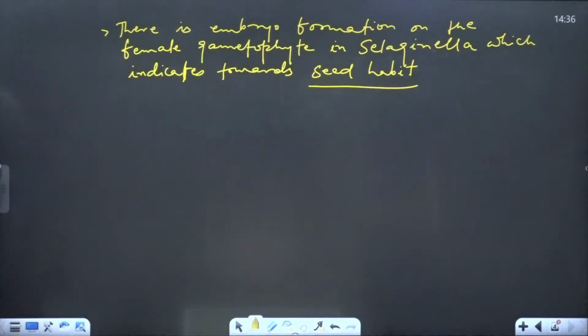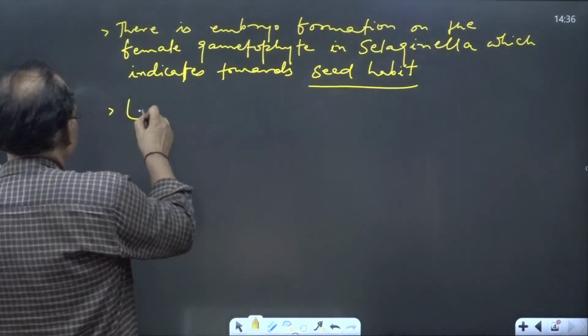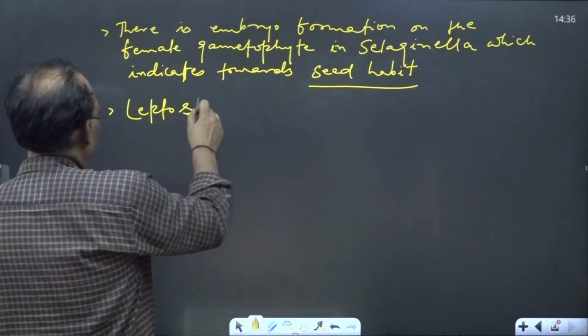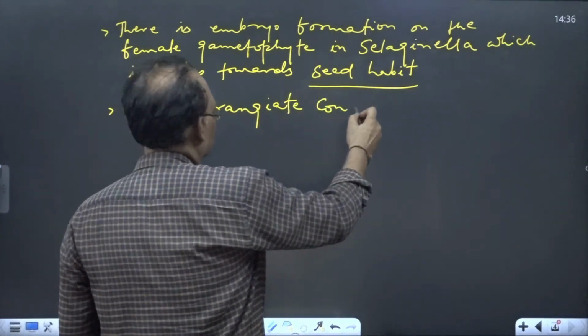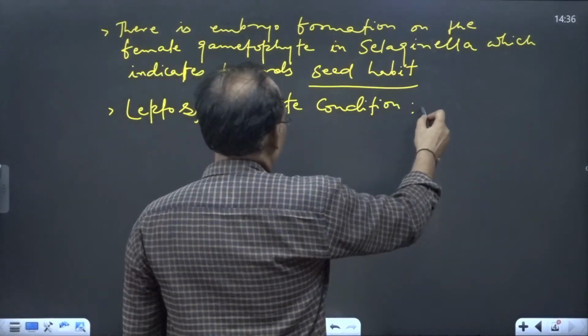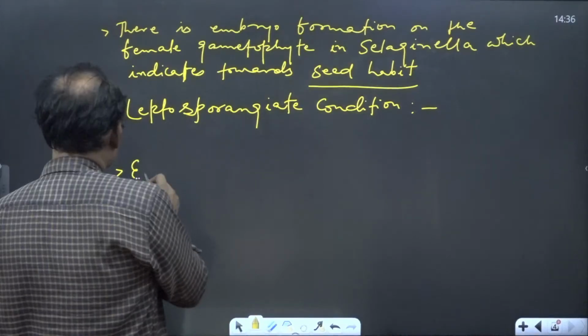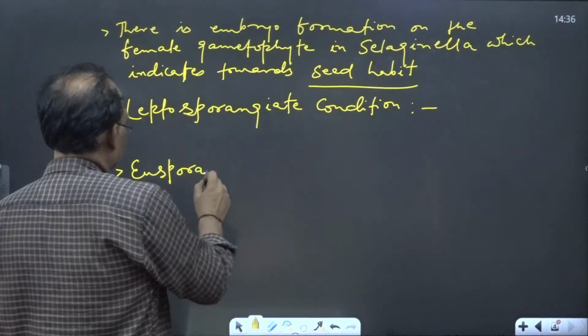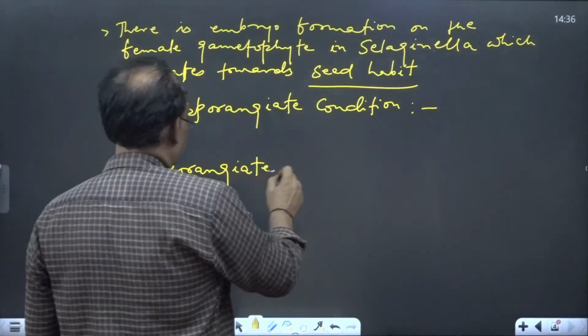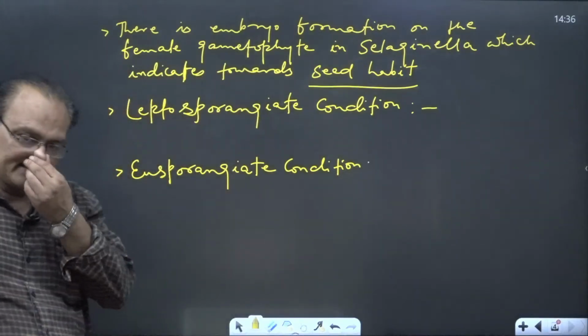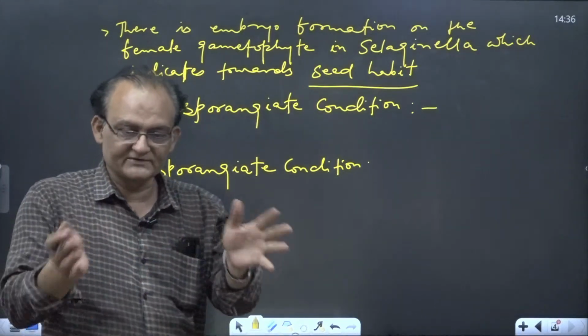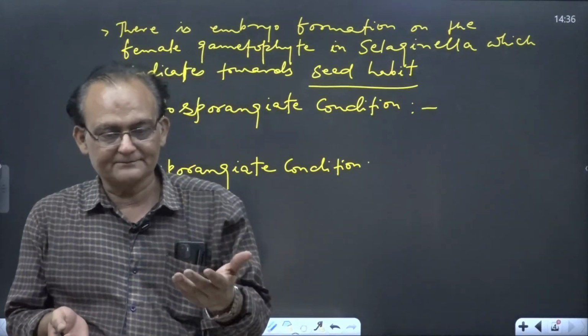Okay. Now one more thing we will discuss is that there are two types of condition: leptosporangiate condition and second one is eusporangiate condition. See, when a single cell forms the sporangium, then it is called leptosporangiate condition.